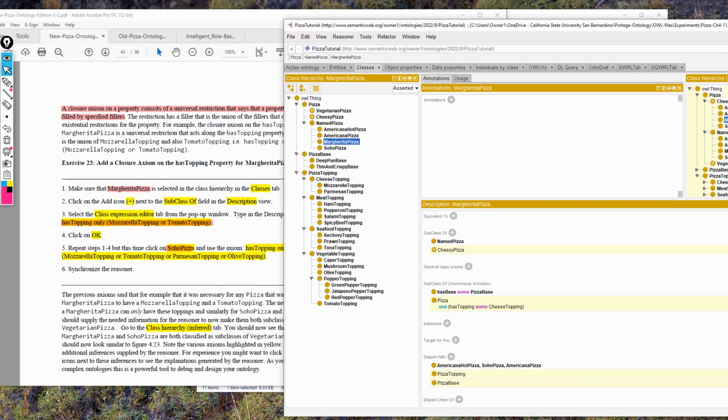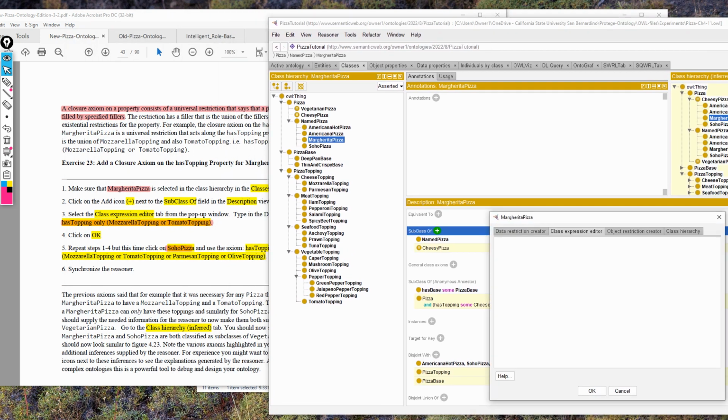And then what I'm going to do is add this closure axiom on a property consisting of universal restrictions, right? So let's see, has topping, only, and then mozzarella topping, which is cheese topping, right? Or tomato topping, which is a vegetable topping.